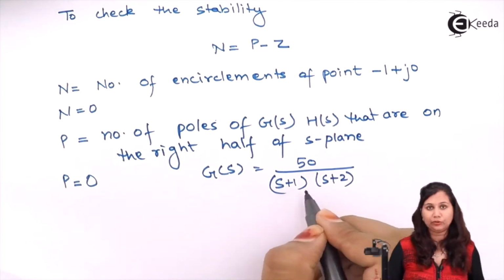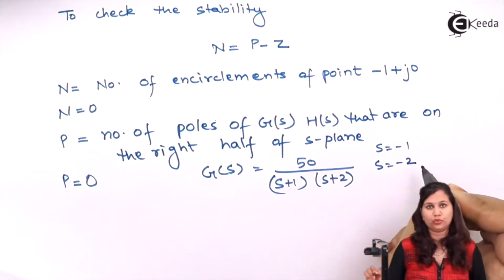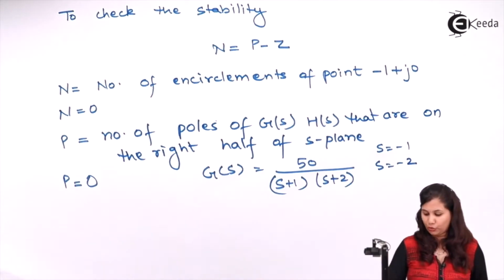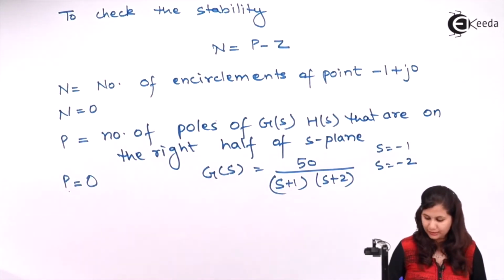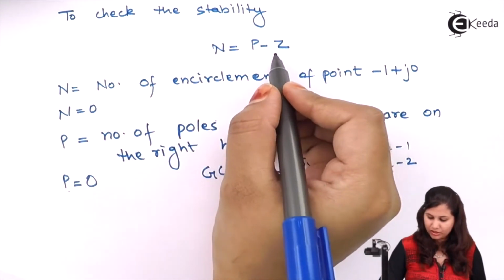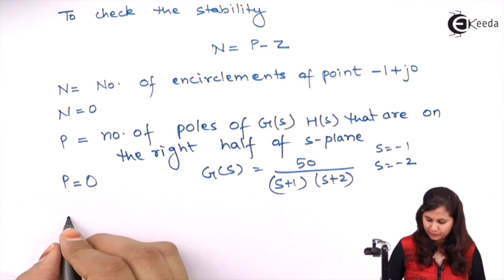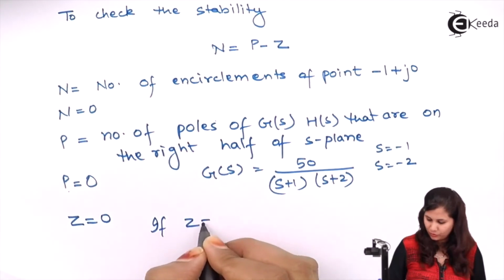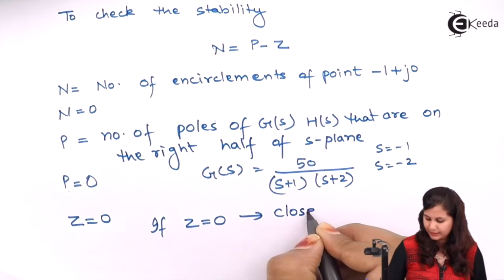So we have only two poles, s equals minus 1 and s equals minus 2, and both these poles are lying on the left hand side. So P will be equal to 0. Now from this equation, N is 0, P is 0, so Z will be 0, and if Z is equal to 0, it means that the closed loop system is stable.